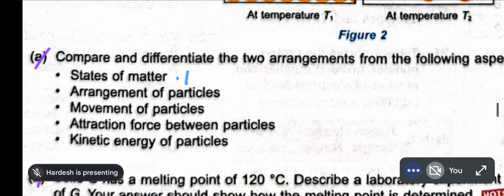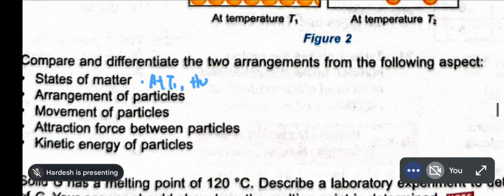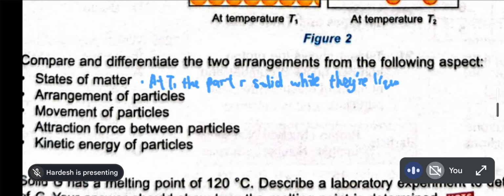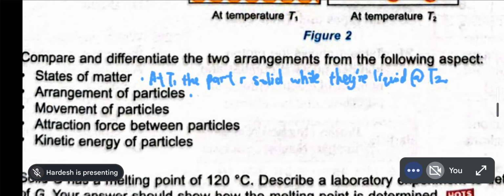Okay, state of matter. At T1, the particles are solid, while they are liquid at T2. Boom, 2 marks just like that. Arrangement of particles.